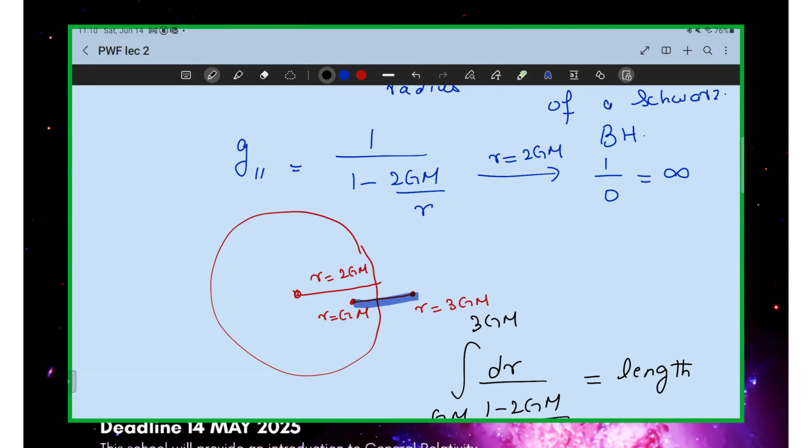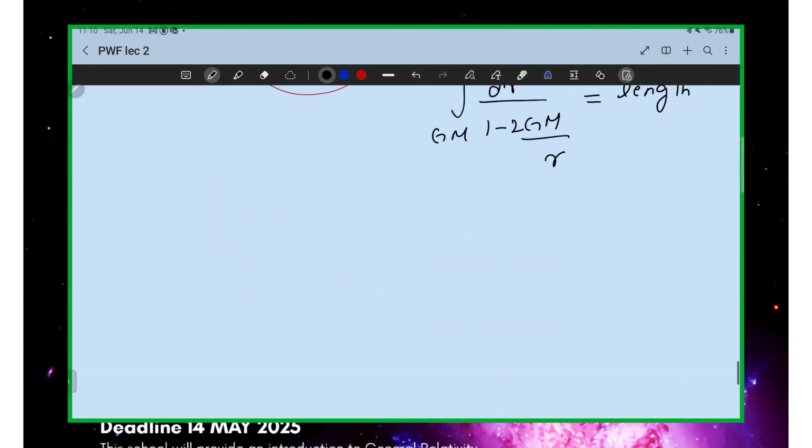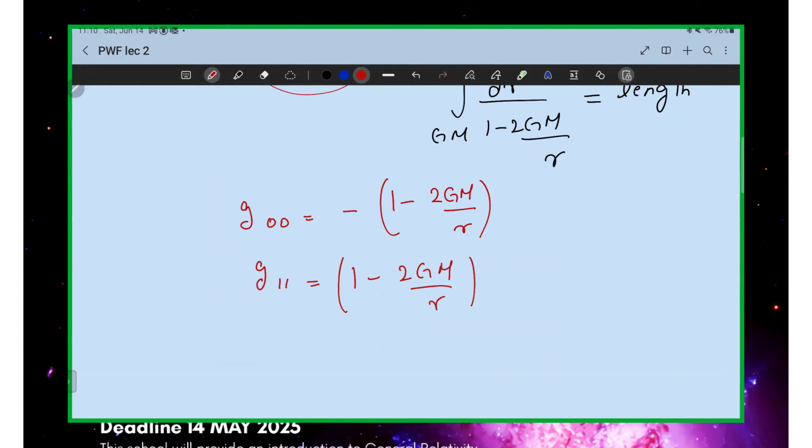Can you repeat what you said about time and space being exchanged? Yes, I can say it more explicitly. The time component of the metric tensor, the 0,0 component, is minus 1 minus 2GM over r, something like this. And the 1,1 component is 1 minus 2GM over r, but the inverse of that.